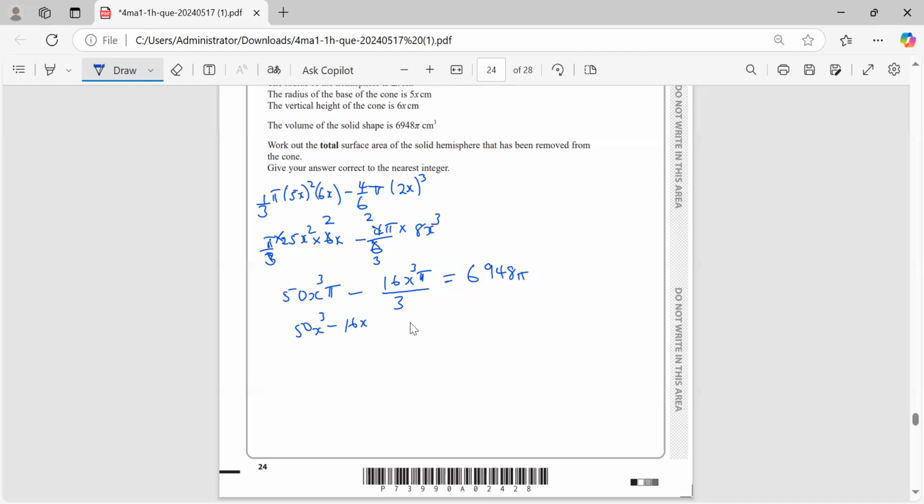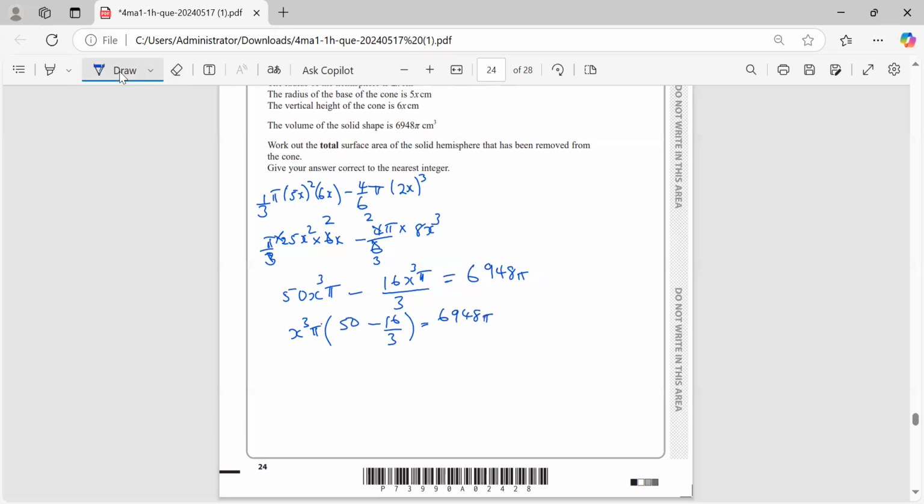Let's factor out the x cubed, and we also factor out the pi. So x cubed pi, and we're going to remain with 50 minus 16 over 3, equal to 6,948 pi.